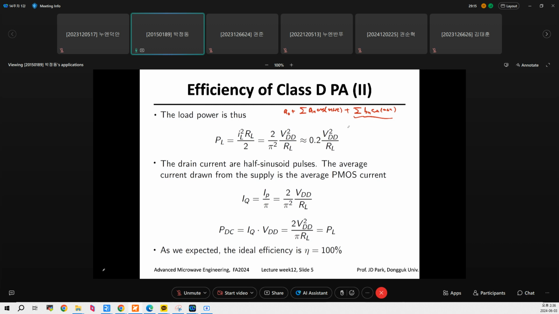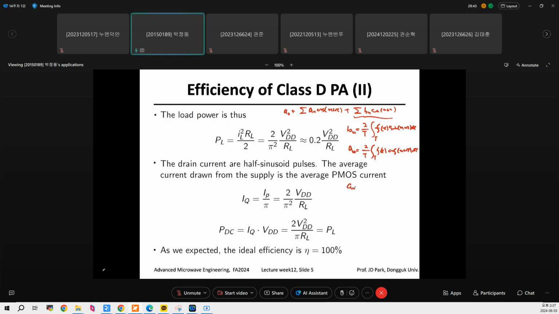So here Bn is 2 over T integral f(t) sine n omega t, right? An is 2 over T integral f(t) cosine n omega t dt, right?